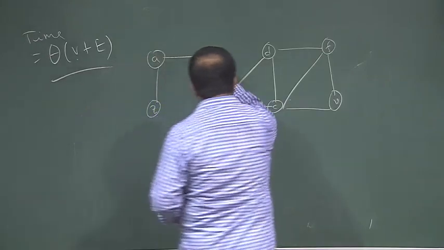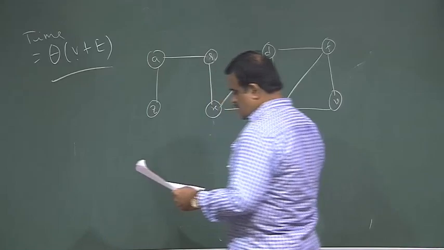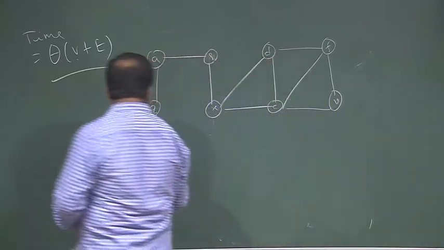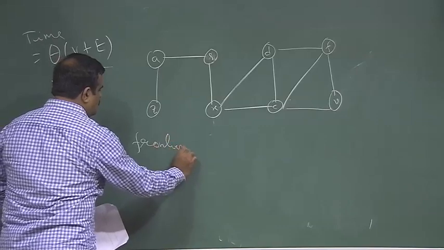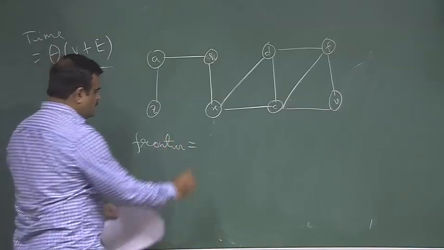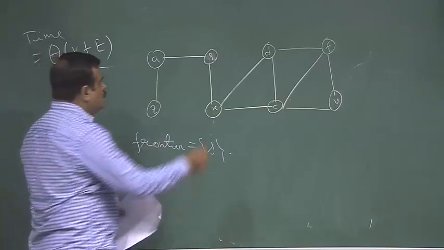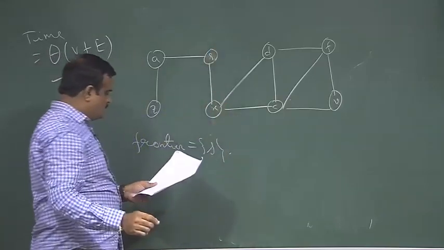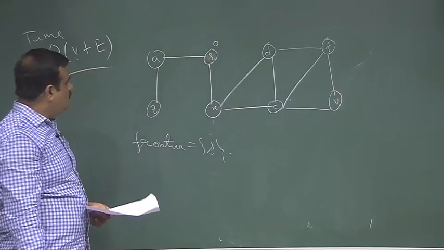We start with the vertex S, which is the source vertex. The frontier is initially S, so we label this vertex as a level 0 vertex.